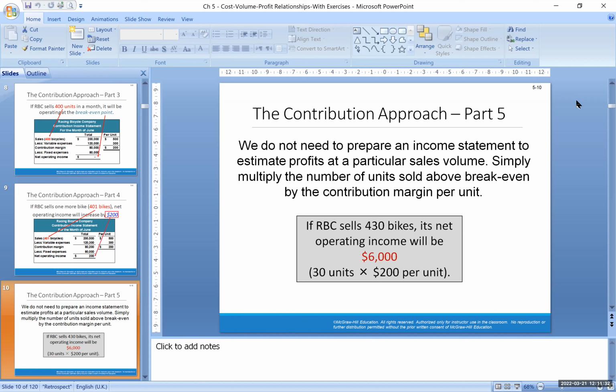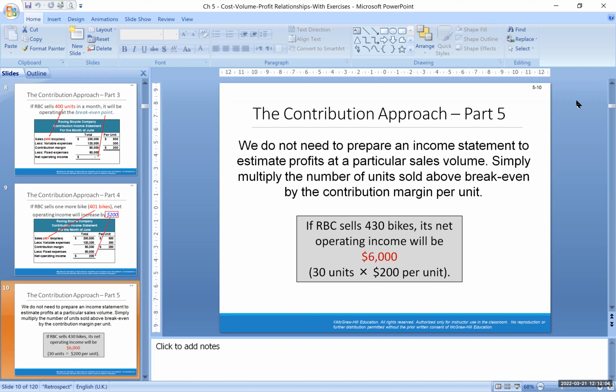So we have 30 units beyond the break-even. Simply, we can calculate the profit from the 30 units beyond the break-even, multiplied by the contribution margin per unit, which is $200.